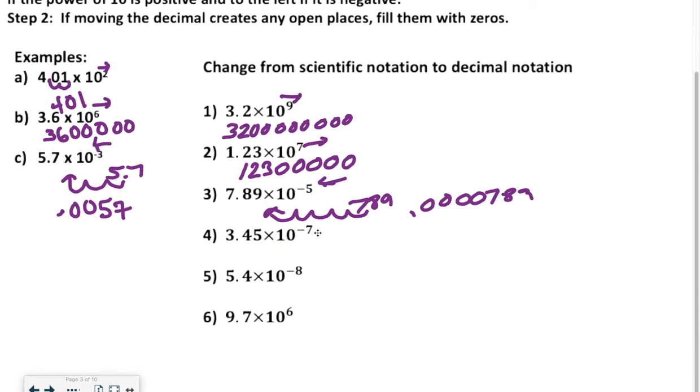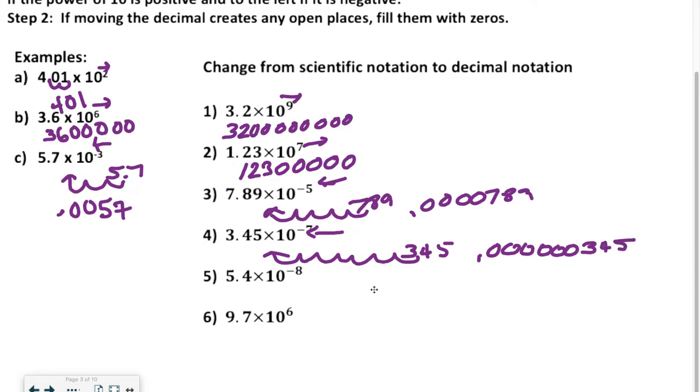7 to the left again. So give yourself a little space in front. 1, 2, 3, 4, 5, 6, 7. So it's going to be point 1, 2, 3, 4, 5, 6, 3, 45. And then this is going to be 8 to the left.